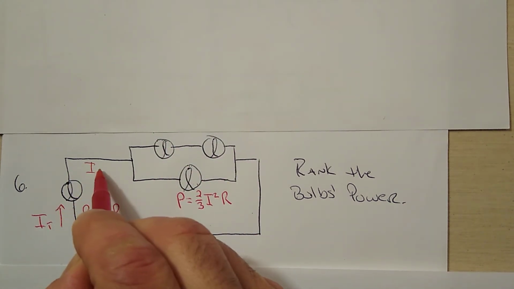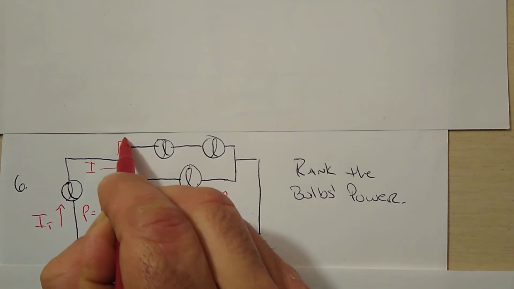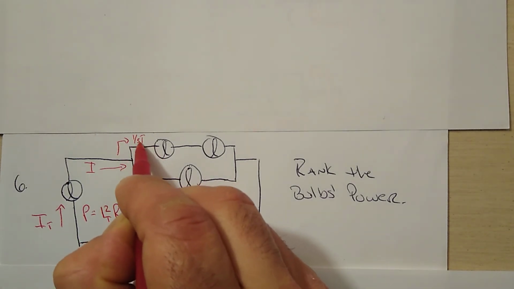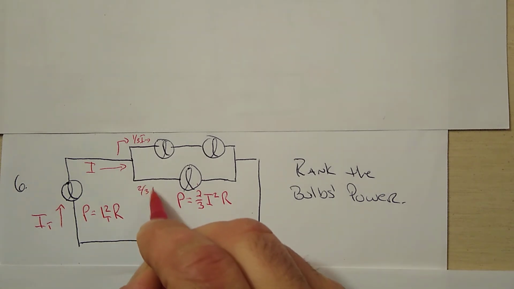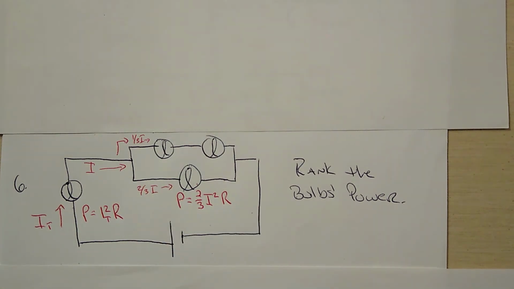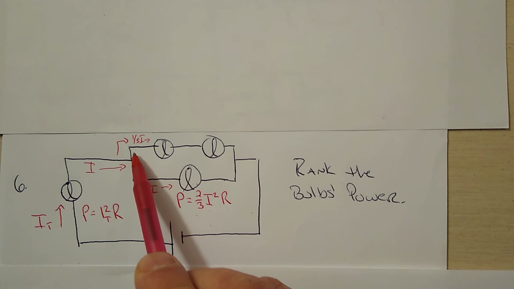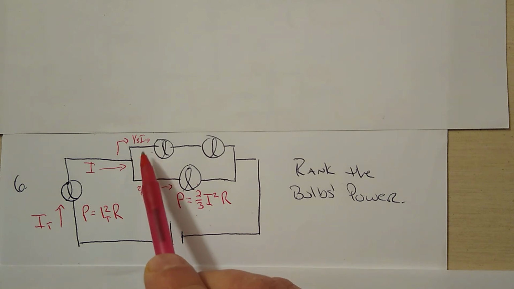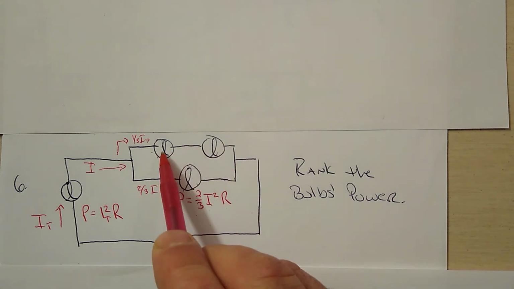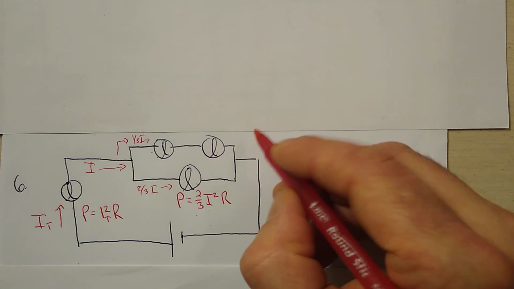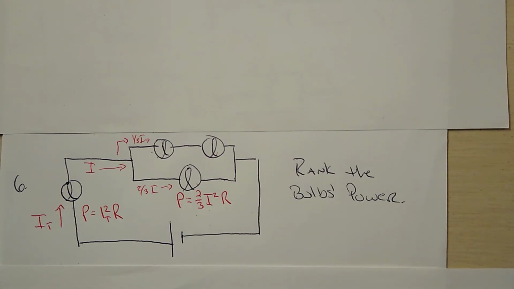So the current comes into this junction here, and 1/3 of it goes through those two bulbs, and 2/3 of it goes through this one bulb, right? So we see that power now is 2/3 I squared R for this one, and this will now be 1/3 I squared times that R value, and this will also have that same one. So these two are going to be the same power value, and now we could put them into some ranking.